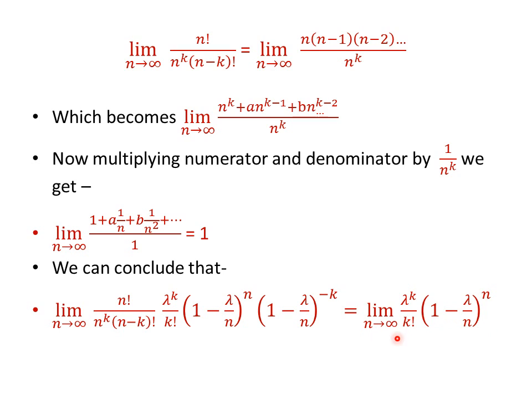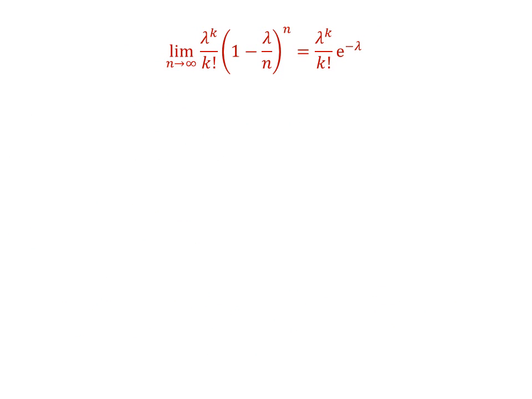Therefore, we can conclude that the limit as n approaches infinity of our entire expression can be simplified to this limit here, lambda to the k power over k factorial times 1 minus lambda over n to the nth power, which delightfully becomes the limit as n approaches infinity of lambda to the k power over k factorial times 1 minus lambda over n to the n power.